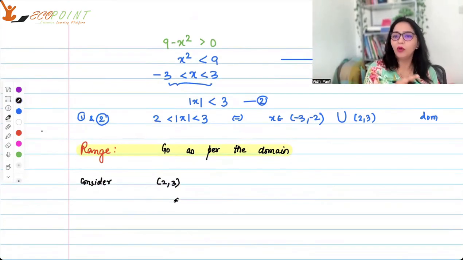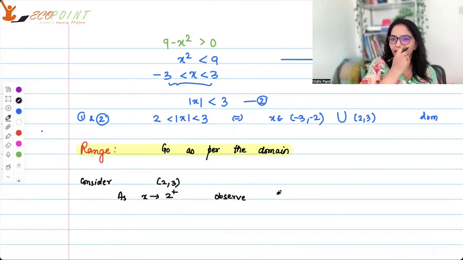A very important analysis, as I mentioned, is the limit analysis under certain situations. Here, 2 is not included in the domain, right? But x is reaching 2. As x is reaching 2 from the right side, because it's 2 to 3, we will say it is extending towards 2 plus. Observe that.